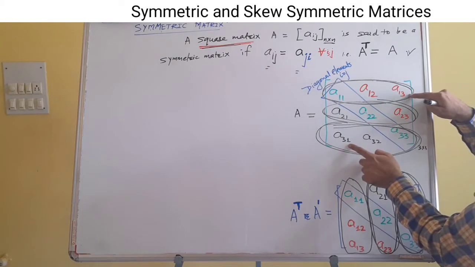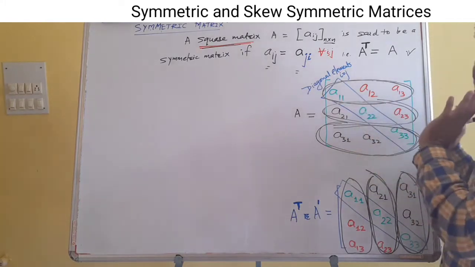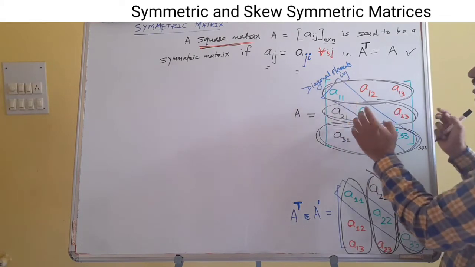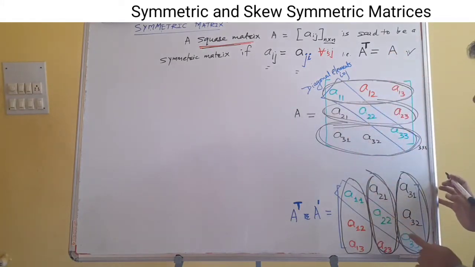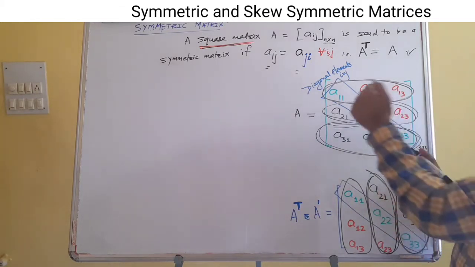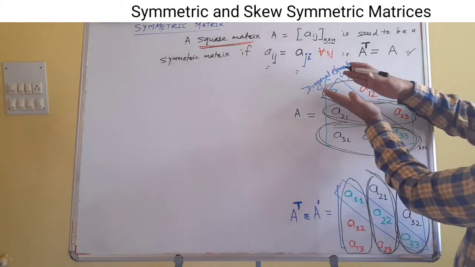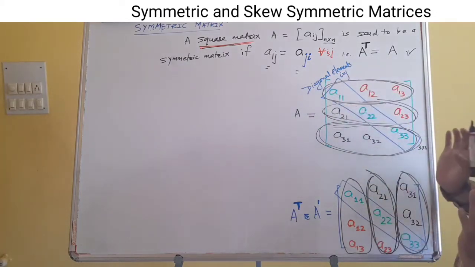For the diagonal elements, i is equal to j. So while transposing the matrix, the diagonal elements remain at the same place where they were earlier. So these diagonal elements will not change their positions.